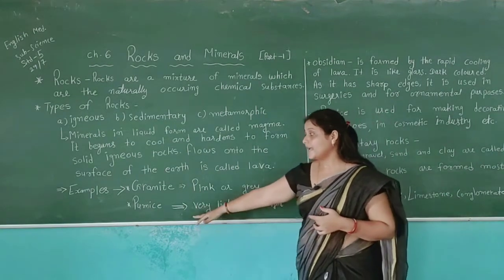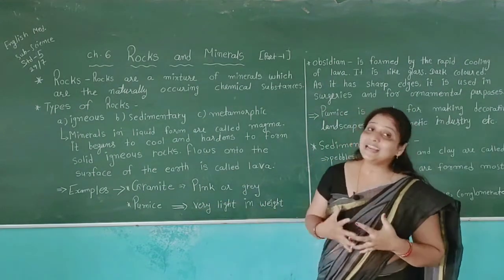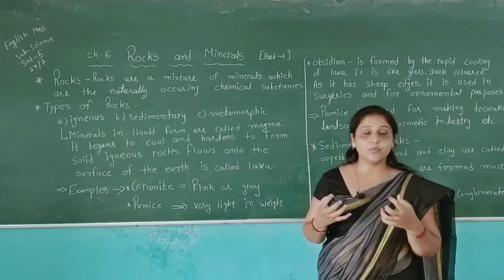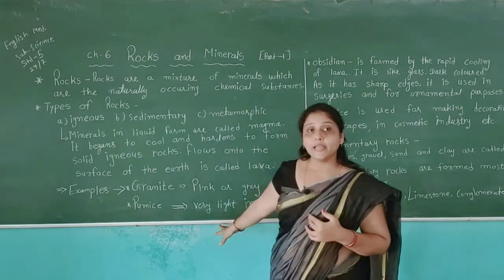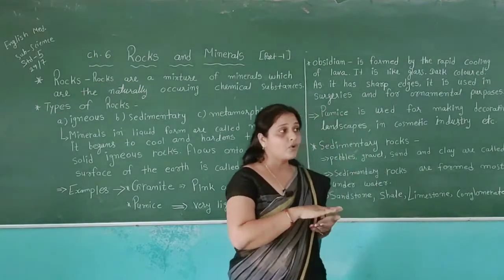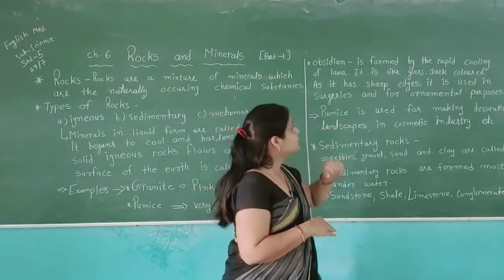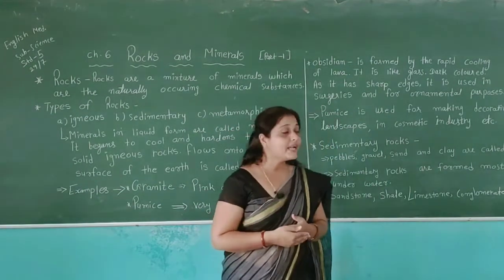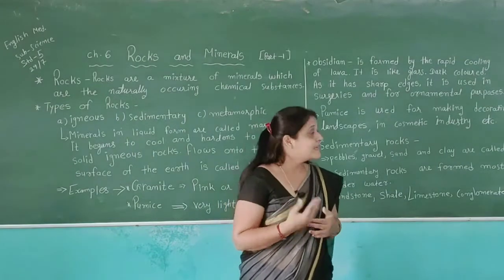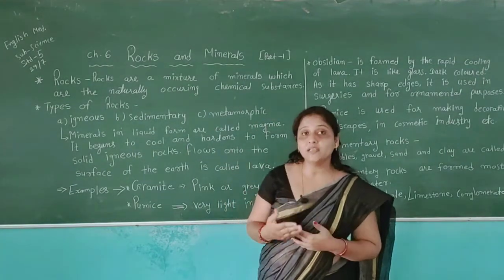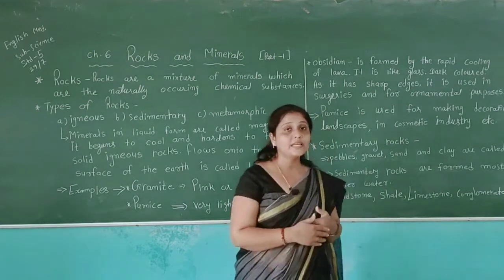Then second we have pumice. Pumice is very light in weight, and because of this it always floats on water. So pumice is used for making decorative landscapes and also in cosmetic industries, because its weight is very light.